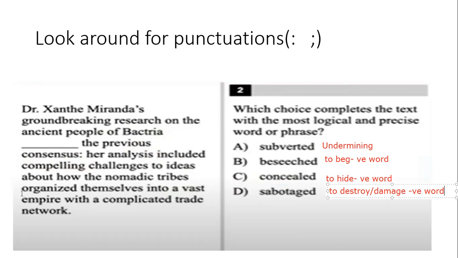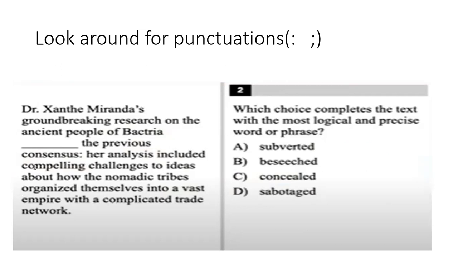Am I clear? Yes. Sometimes you have to plug in, look out for the punctuation marks, and the demonstrative pronouns: this, that, these, those. There are many such other hints that shout out to you, hey, I'm waiting for you to catch hold of me. If you catch hold of that one thing, you will definitely identify your answers. Always play the positive negative game. Next, try to plug in and see whether the word really fits the context or not.